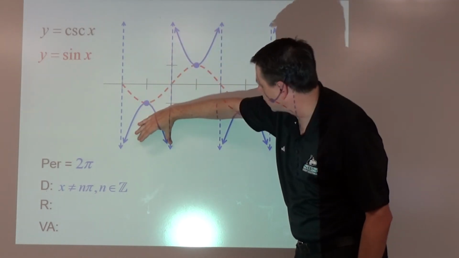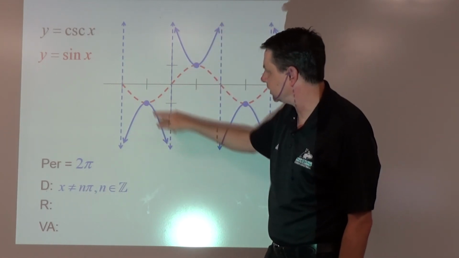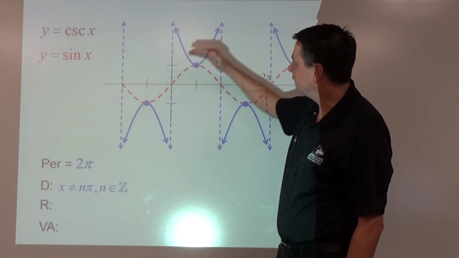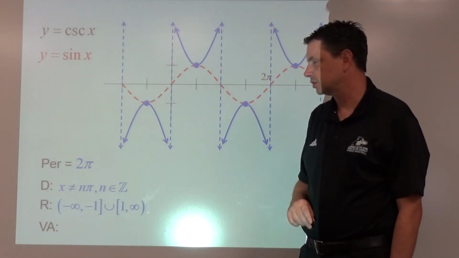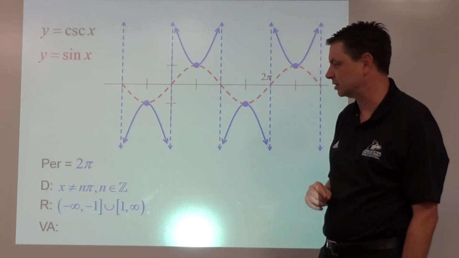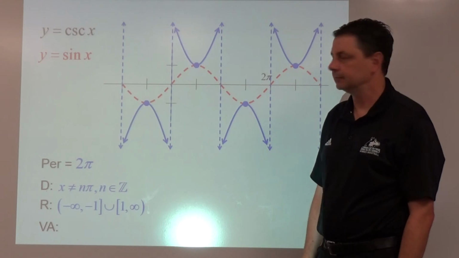We got all these and we got all these, but nothing in the middle. So negative infinity up to negative 1, and 1 to infinity. That's our range. So do 2 different pieces to that. And then our vertical asymptote connects to domain.